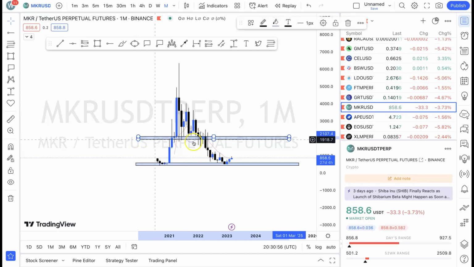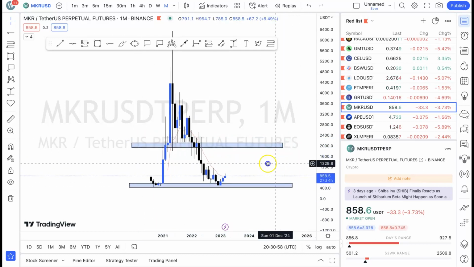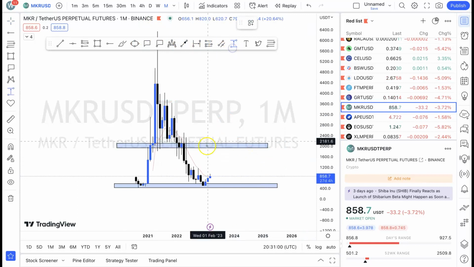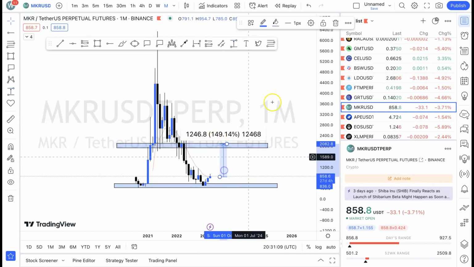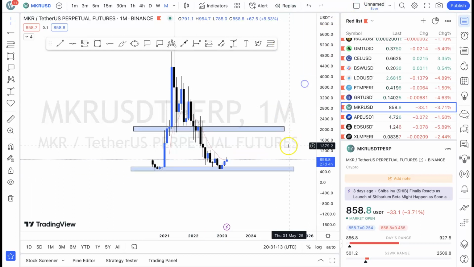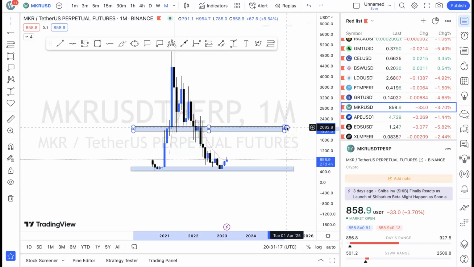This right here on the monthly, there's a huge move. We have that 150% move in there that could happen between now and April. Between now and the end of April we should have a bull run come into play.